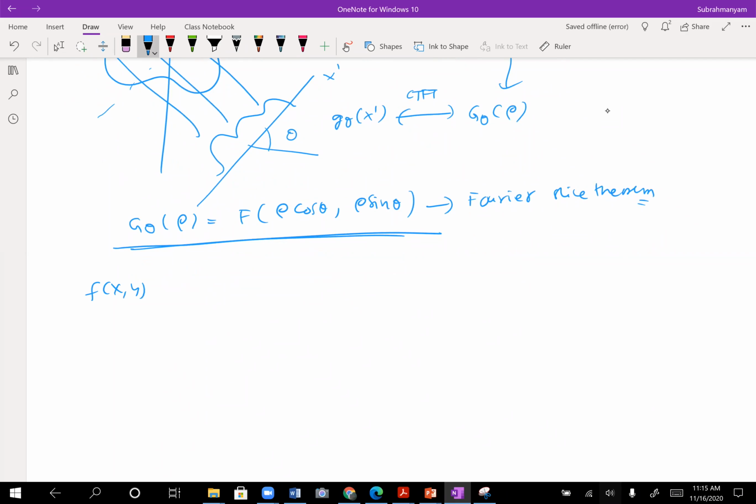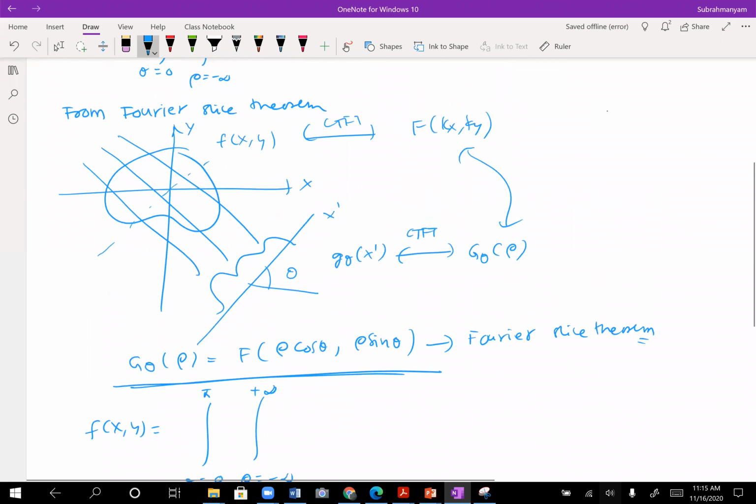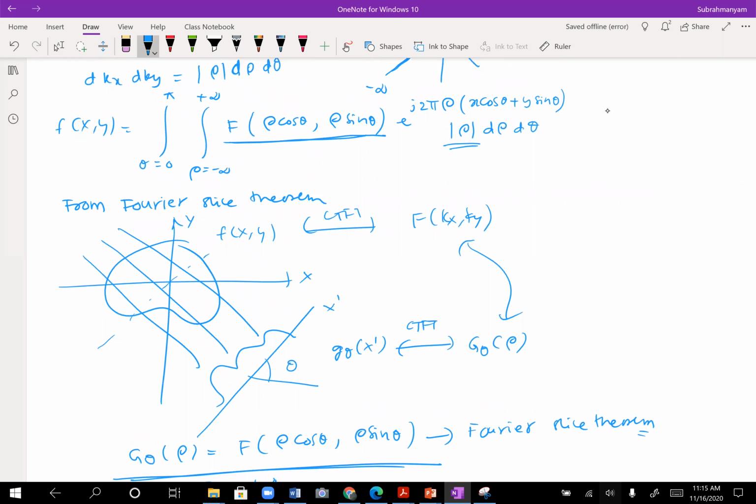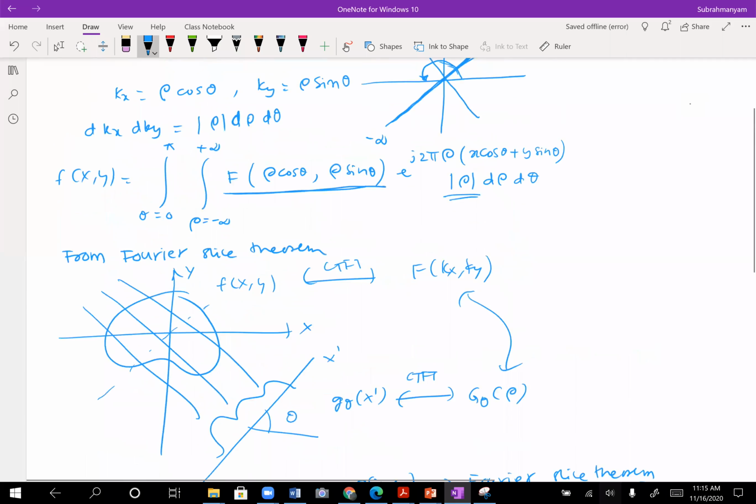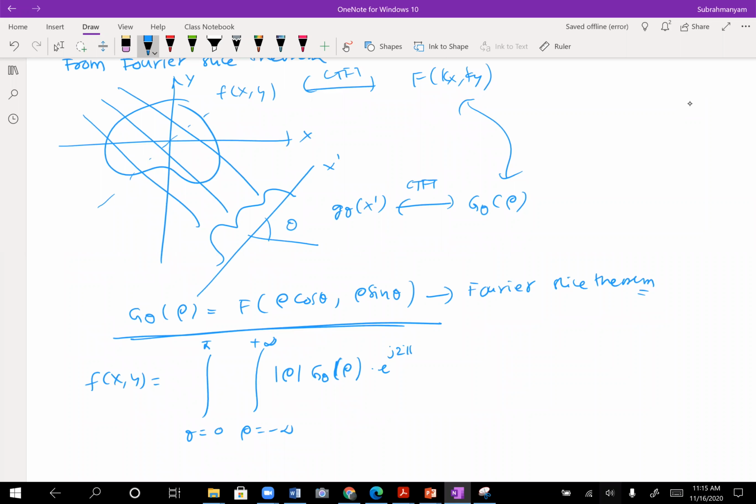F of xy equals theta varying from 0 to pi, rho varying from minus infinity to plus infinity, and let me just write this a bit earlier here, absolute value of rho into g theta of rho into e power j 2 pi rho into (x cos theta plus y sin theta) d rho.